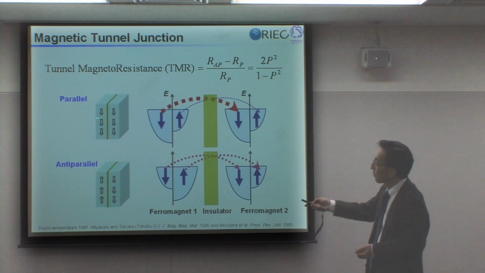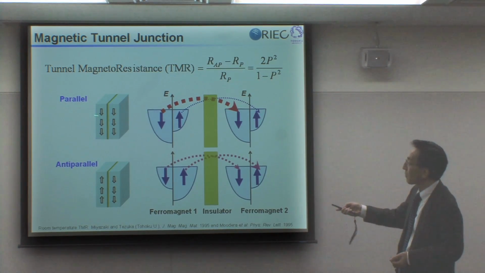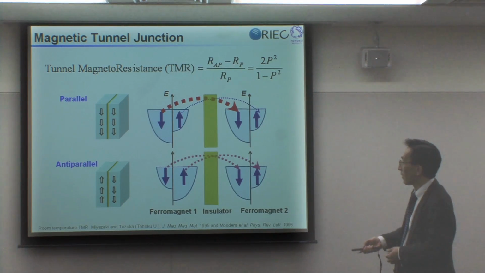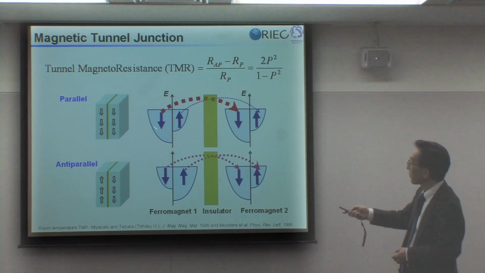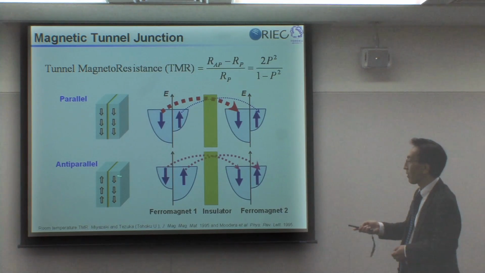And you can do so, for example, the read part can be done by just measuring the resistance of magnetic tunnel junction. These two resistances are different. And here the resistance is low, and here the resistance is high.